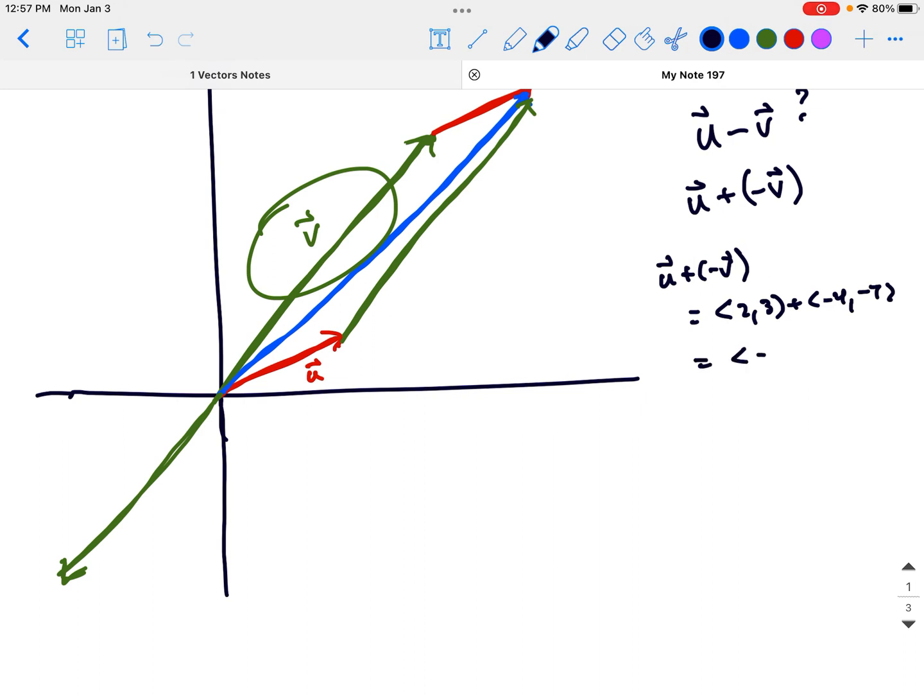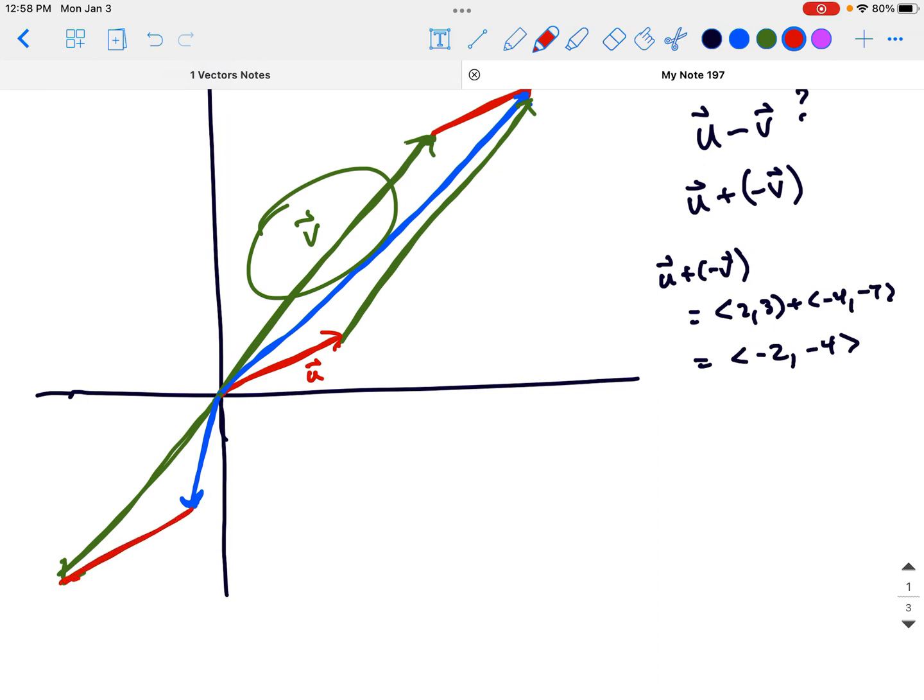What we're going to get is negative 2, negative 4. All right, well, where's negative 2, negative 4? Negative 2, negative 4 is going to be here. So we end up with this vector here, which again is still just the sum of the two vectors.